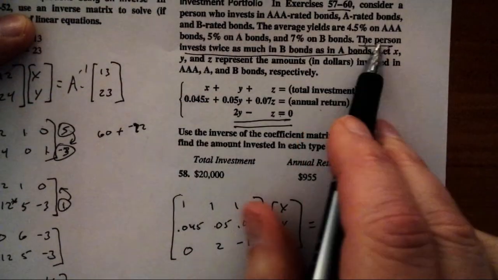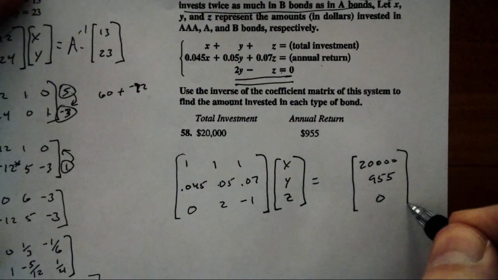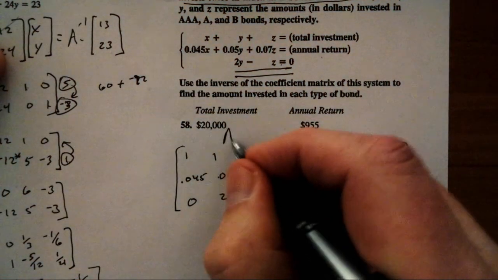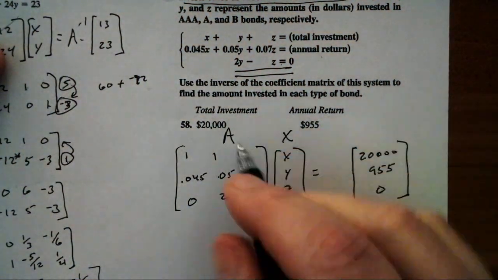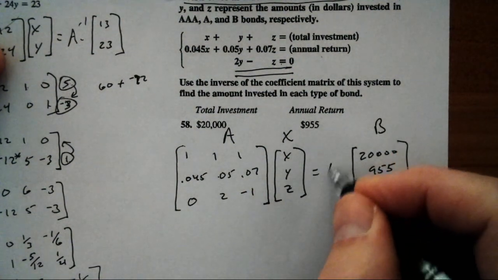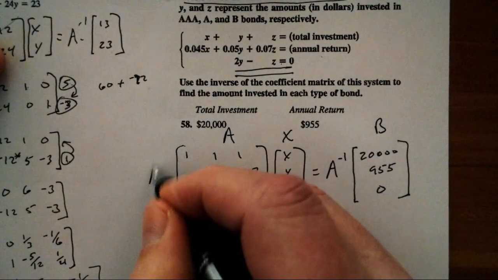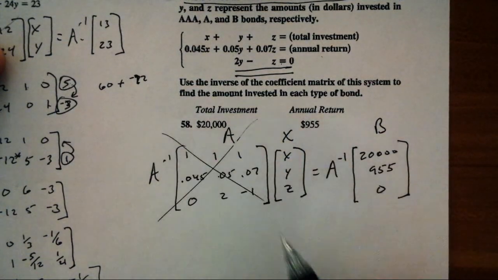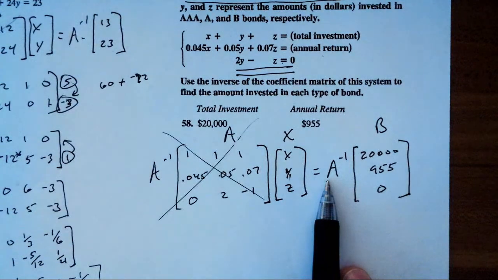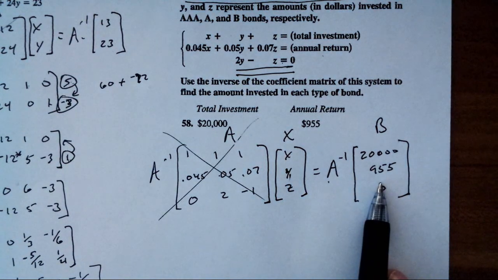That comes from that little sentence right there. If I call this AX, matrix A, matrix X, and matrix B, it should be clear now that A inverse gives us solution for X if we take A inverse times B.